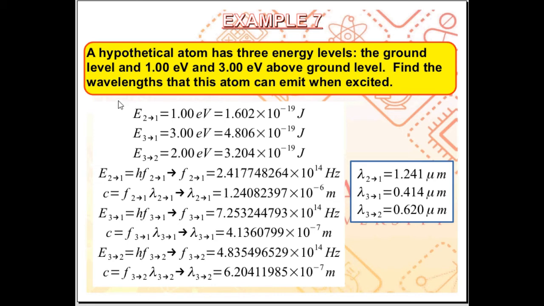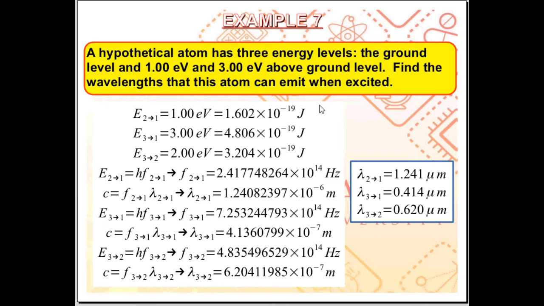Find the wavelengths that this atom can emit when excited. So given these three energy levels, ground state, first excited state, second excited state, that's E1, E2, and E3.